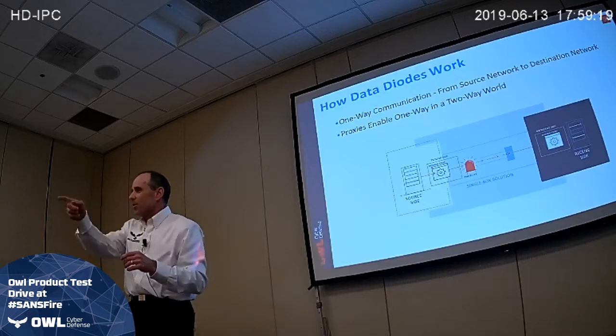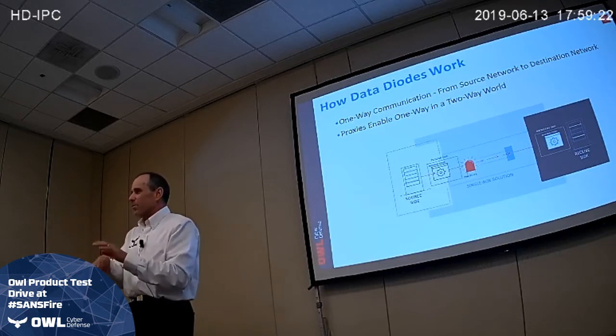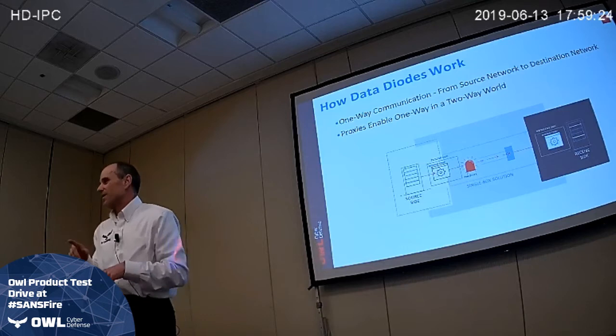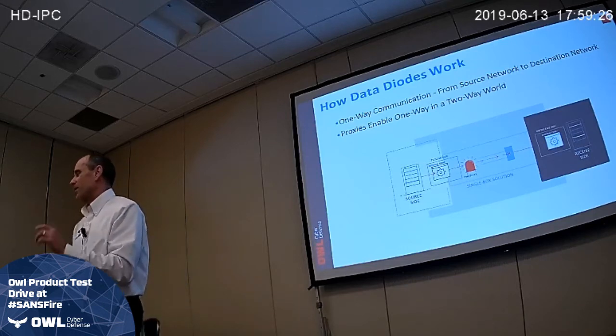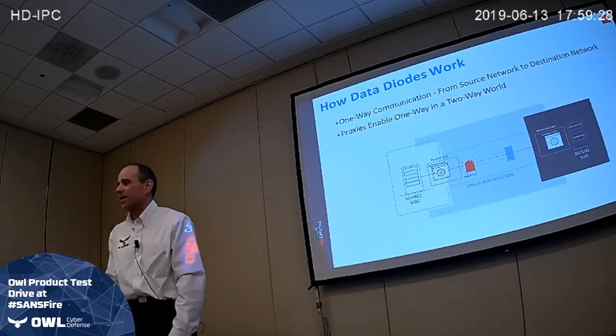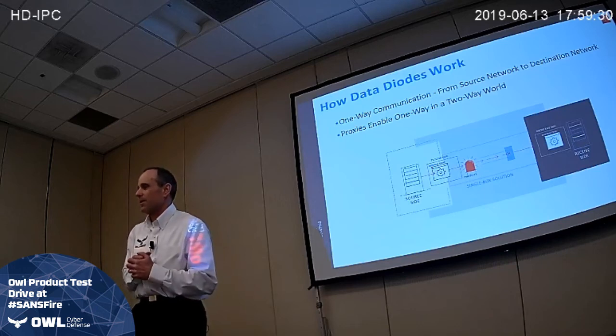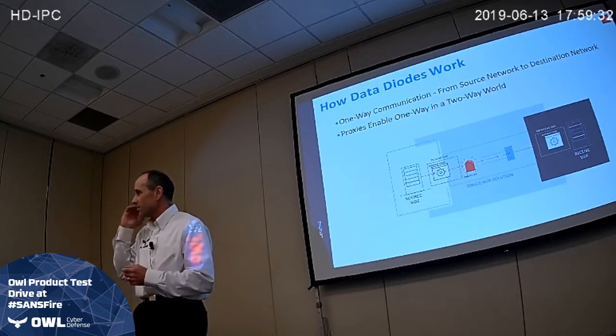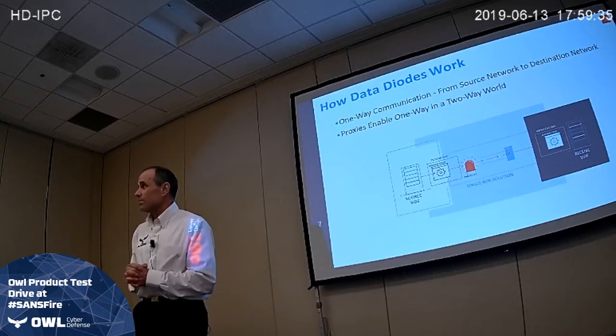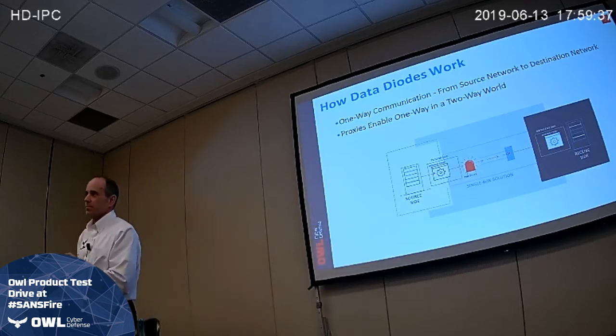And so if an attacker were to try to hack the outgoing side of the diode, and we harden this, it's SELinux with very strict policy, and it's got a built-in iptables firewall on the outgoing side. But we don't call this unhackable. The thing that's unhackable is a connection between the two, right?